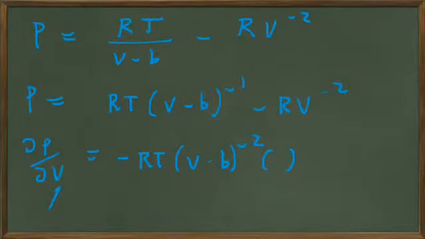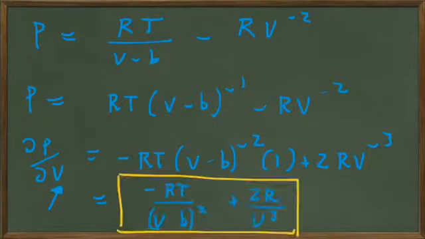Corrected that right here. This should have been partial p partial v. And now the derivative of v minus b with respect to v is just 1, and then we go to take the derivative of this term right here. We bring the power down, and so that's 2a times v to the minus 3, and then rewriting in a more succinct form we have this.